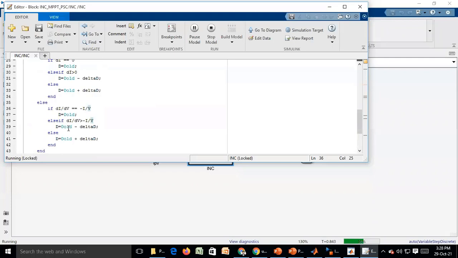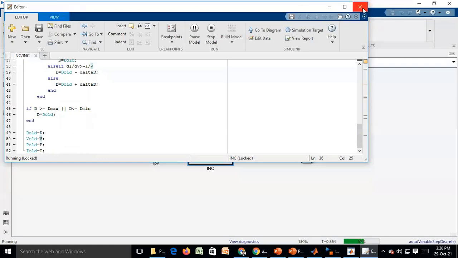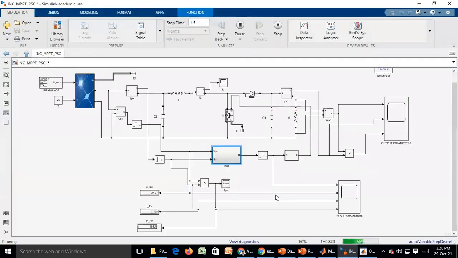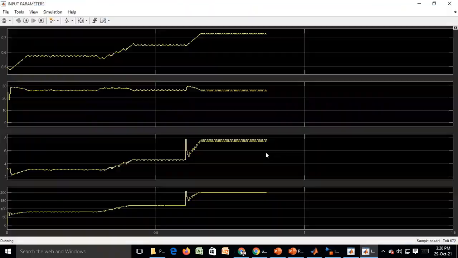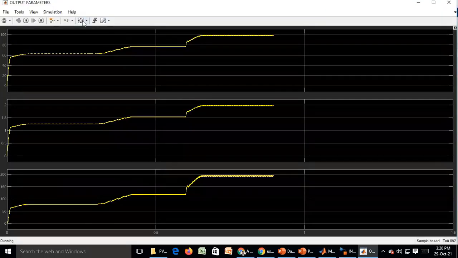That's it. Here in incremental conductance, whereas in perturb and observe, the powers will be considered. So by seeing this, we can ensure that incremental conductance is also tracking. I think it is more or less tracking.